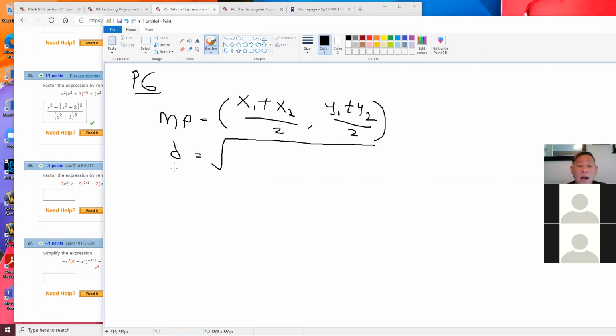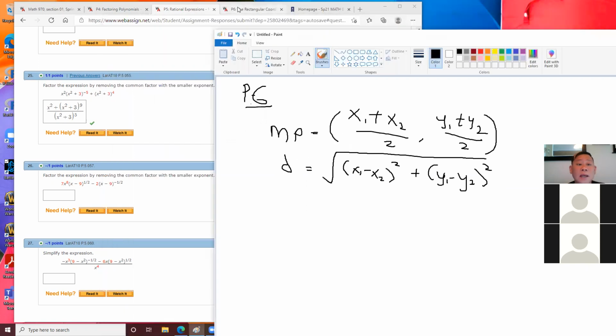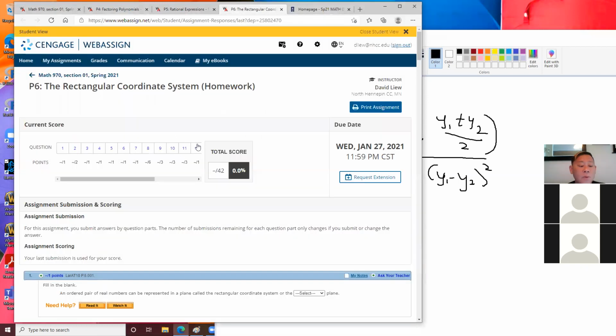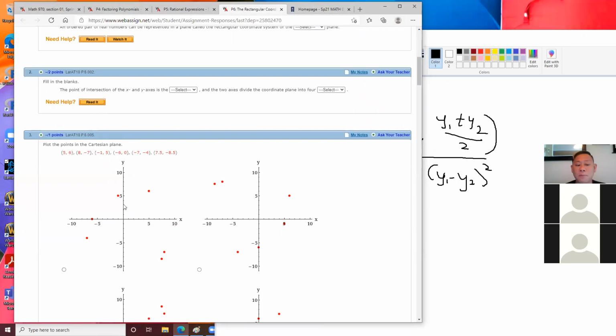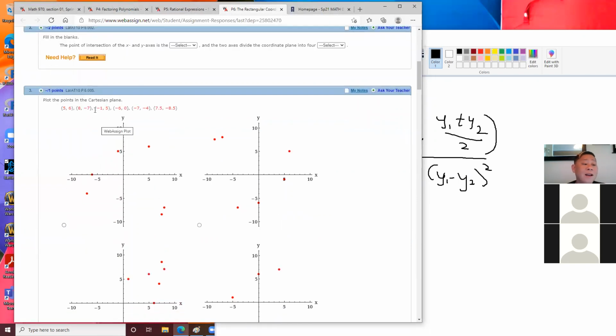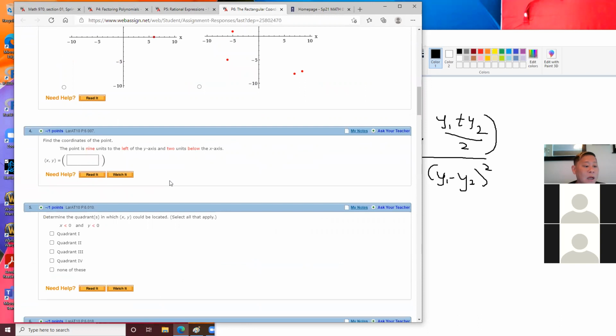The distance formula is like the Pythagorean theorem. It is x1 minus x2 squared plus y1 minus y2 squared, under a square root. So this is the distance formula. When you do P6, I think you guys know how to plot points, right? I think you know what to do.